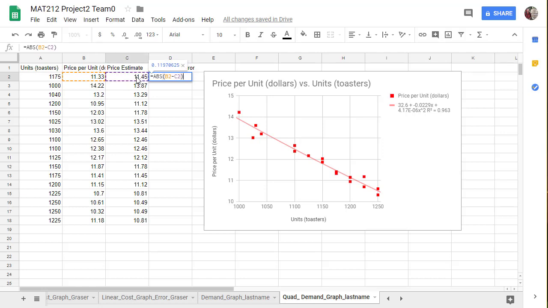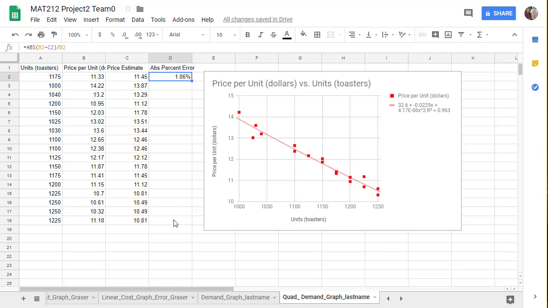So that's telling you how far away you are. To convert it to a percent, I'm going to divide it with the slash by the 11.33. Hit enter. Now click on that again. Click on the percent button. So we know that 11.45 misses 11.33 by 1.06%.